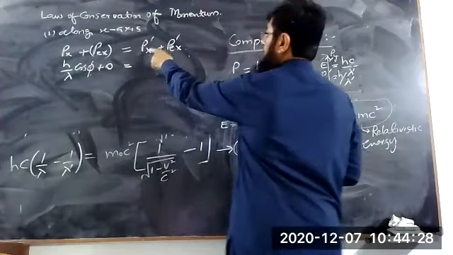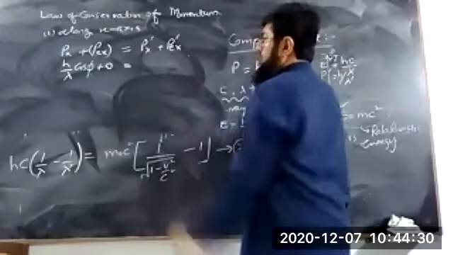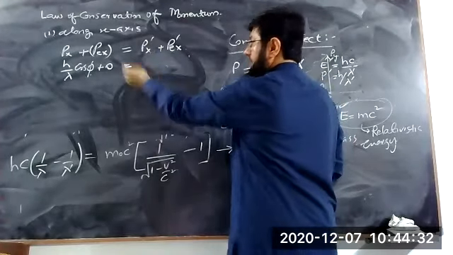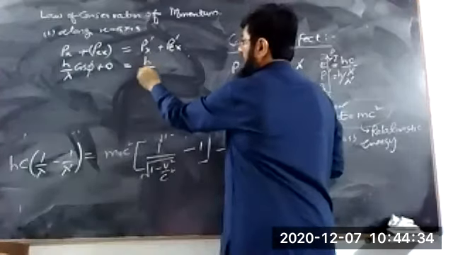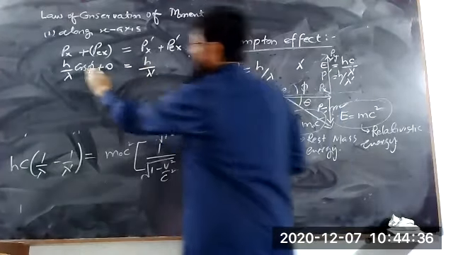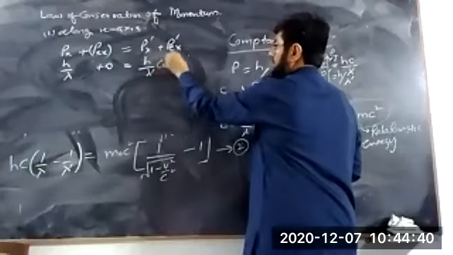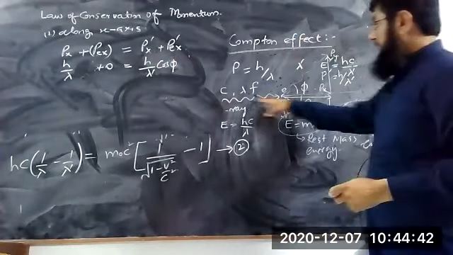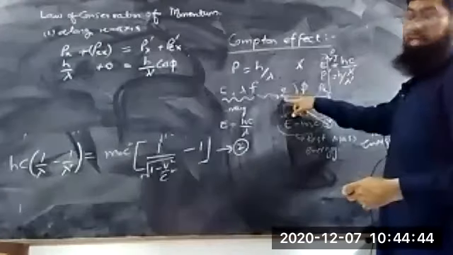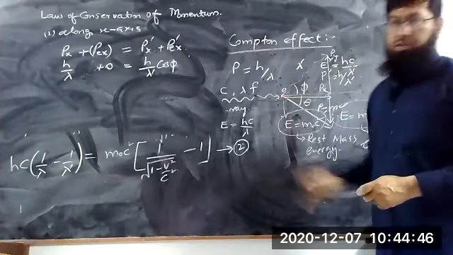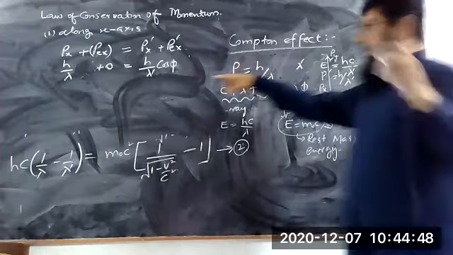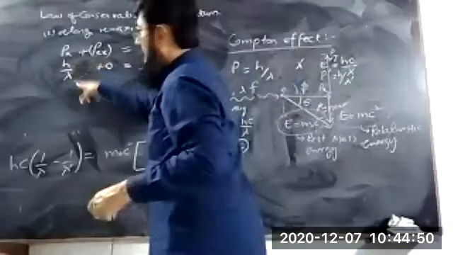The momentum of the photon after scattering is h over lambda dash. Initially it is along the x-axis, the angle is 0 and cos 0 is 1, so this becomes h upon lambda.